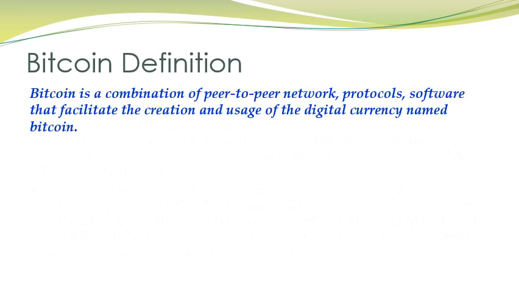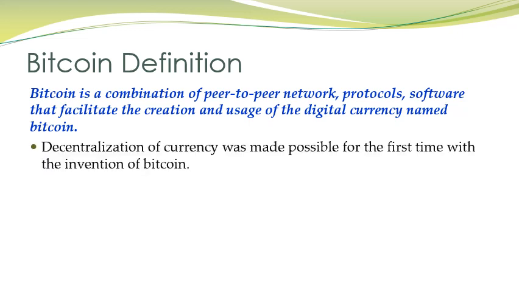In the previous session we studied the definition of Bitcoin. Bitcoin is a combination of peer-to-peer network protocols and software that facilitate the creation and use of the digital currency named Bitcoin. Decentralization of currency was made possible for the first time with the invention of Bitcoin.